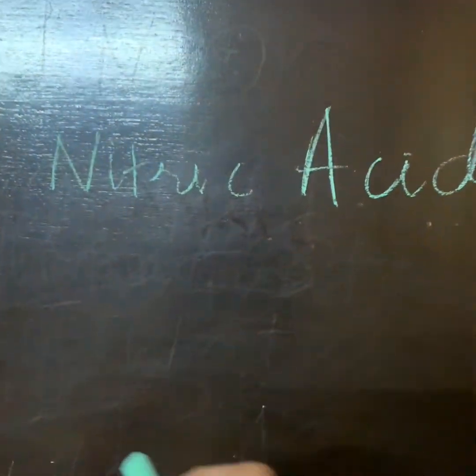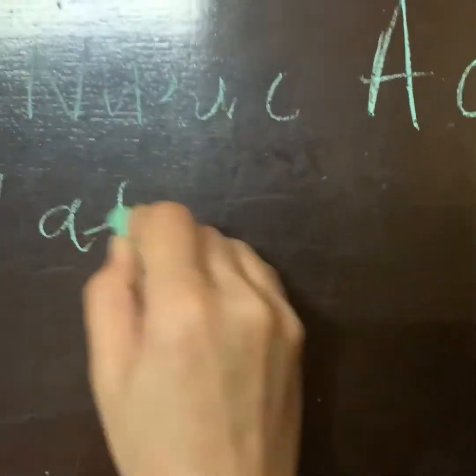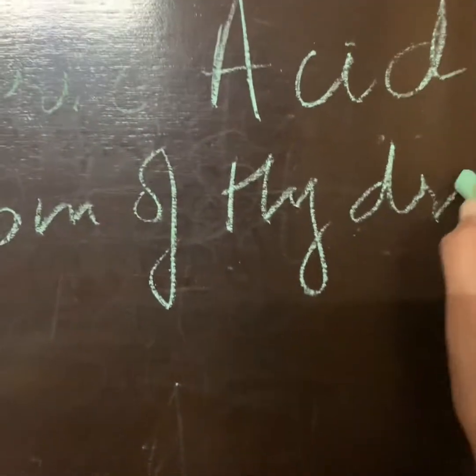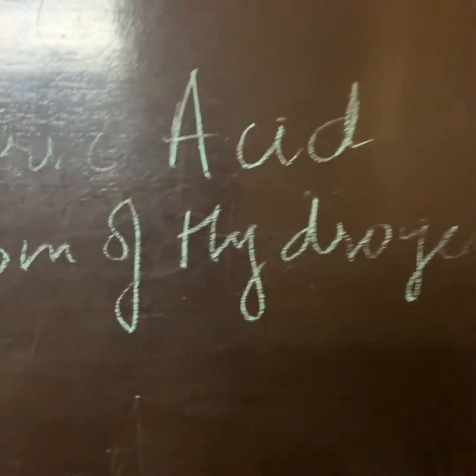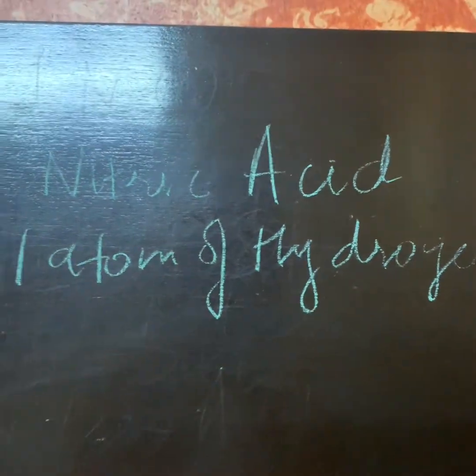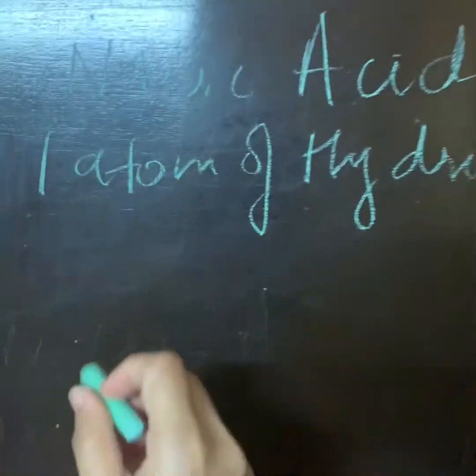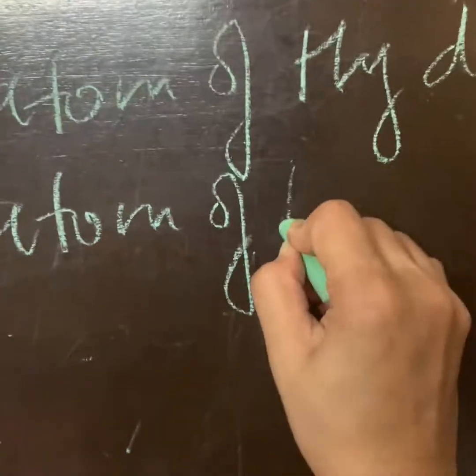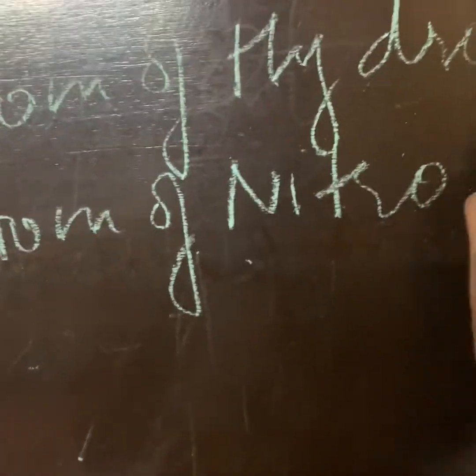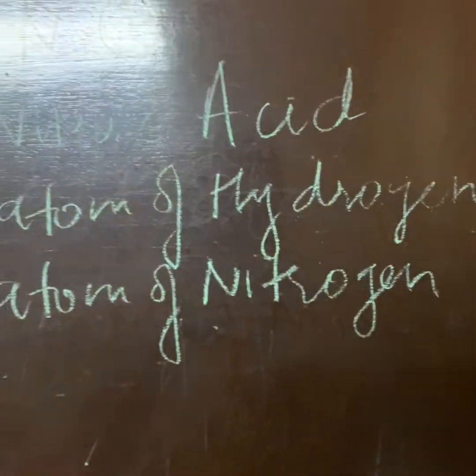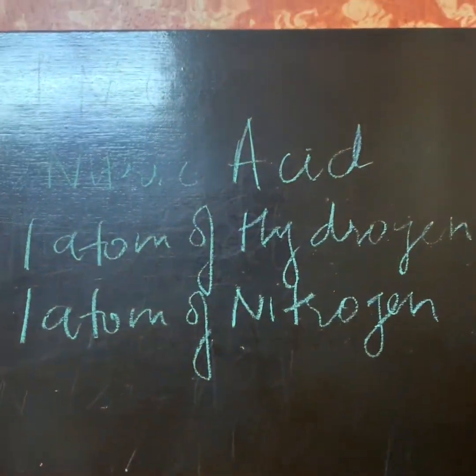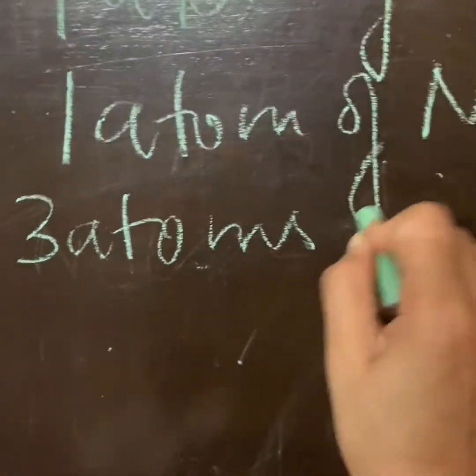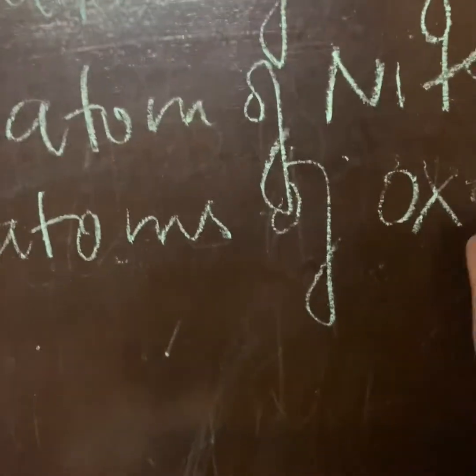Nitric acid contains one atom of hydrogen, one atom of nitrogen, and three atoms of oxygen.